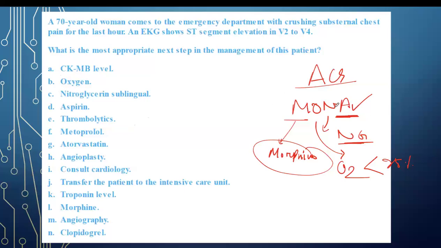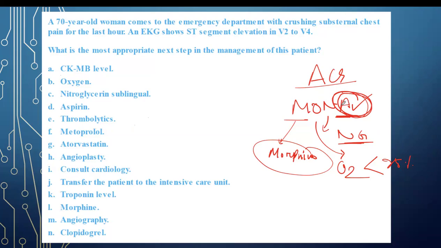Now, out of all of this, aspirin is the most important, and it is the only one which has survival benefit. The questions in the exam can get quite tricky, so I want you to understand what's the most important thing in a coronary syndrome patient.